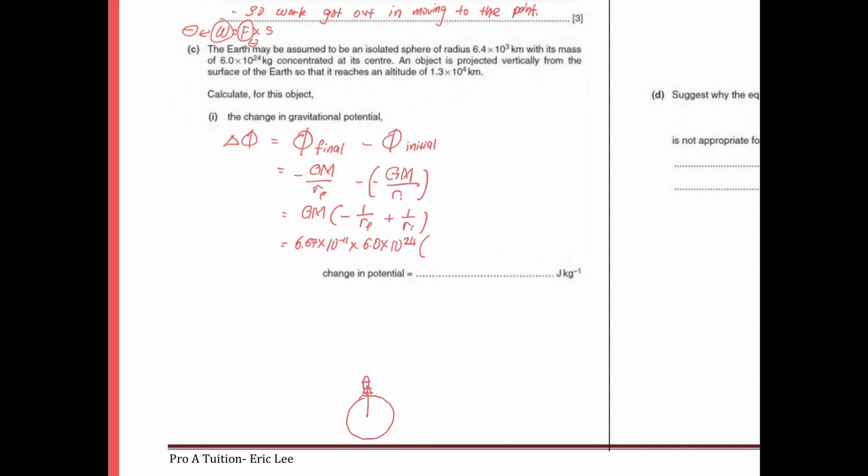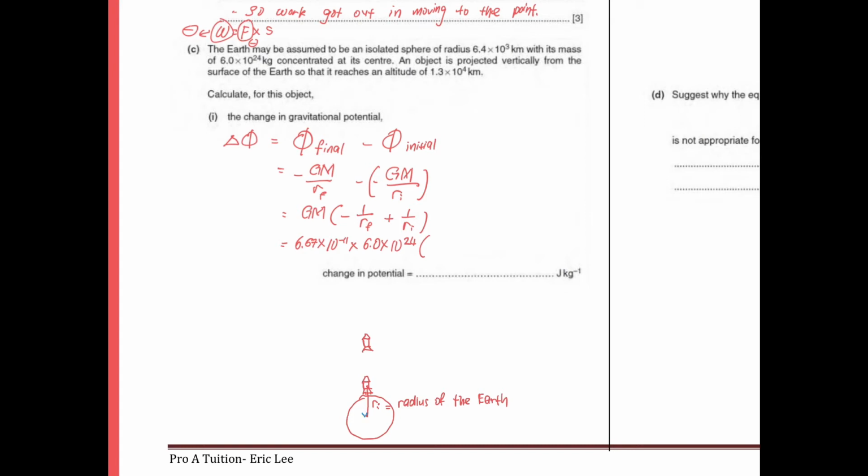So you can assume this is the radius of the Earth. Okay. So after that, the rocket is launched to a place which is having an altitude of 1.3 times 10 to the power of 4.